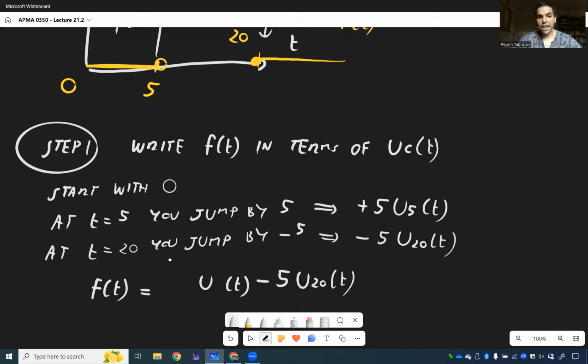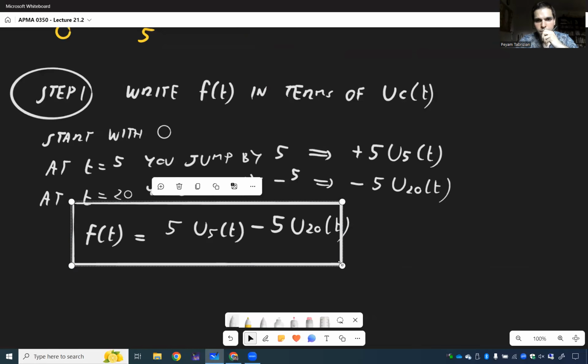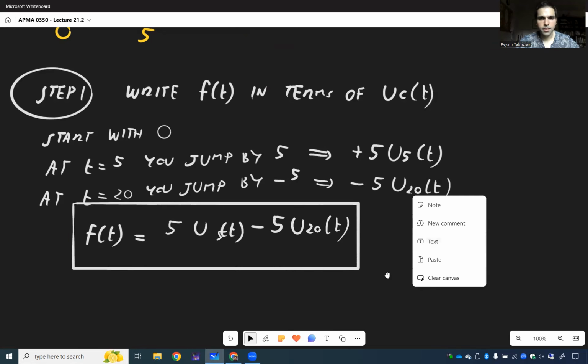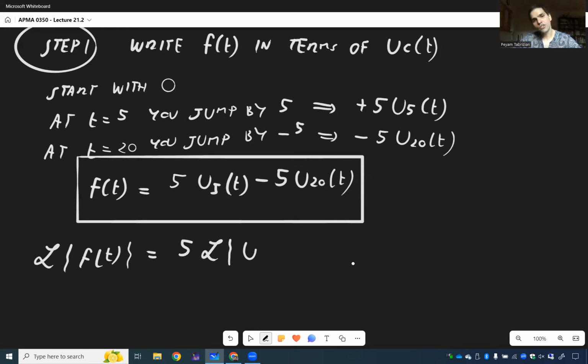In particular, we can take the Laplace transform of f. So Laplace of f of t then becomes 5 Laplace of u5 of t, and then minus 5 Laplace of u20 of t.